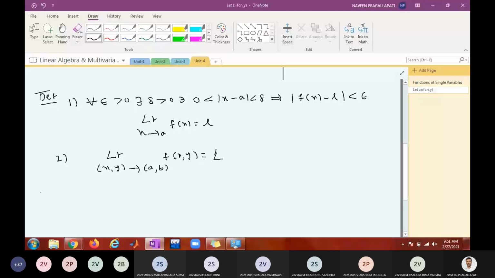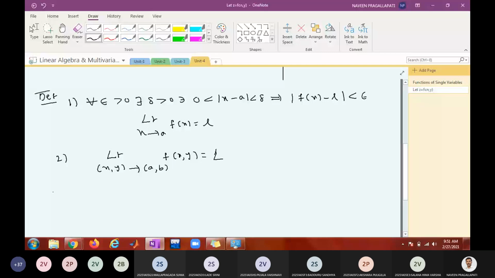Just follow this procedure. A function of a single variable becoming a function of two variables, a single dimensional point becoming a two dimensional point.